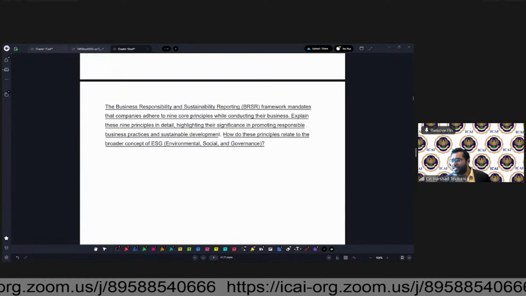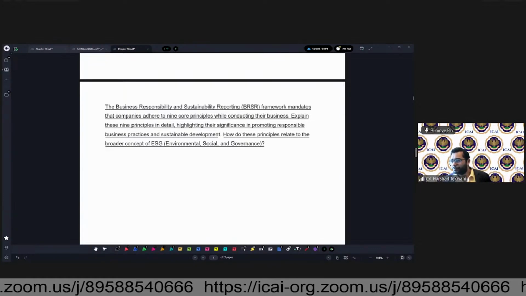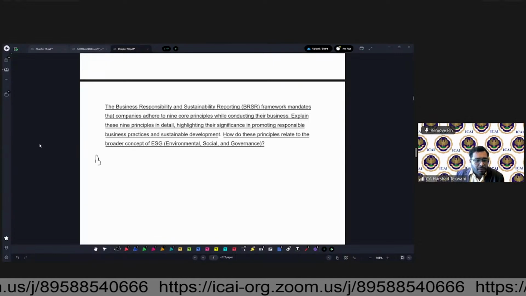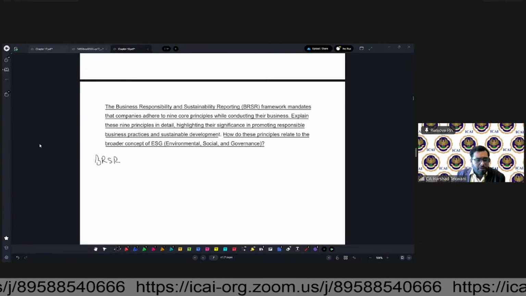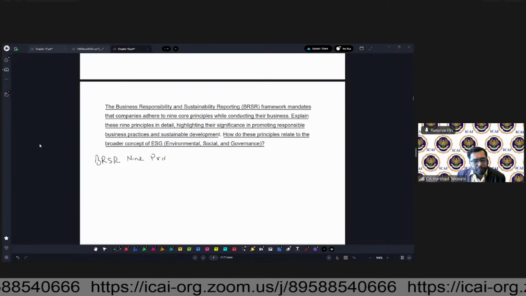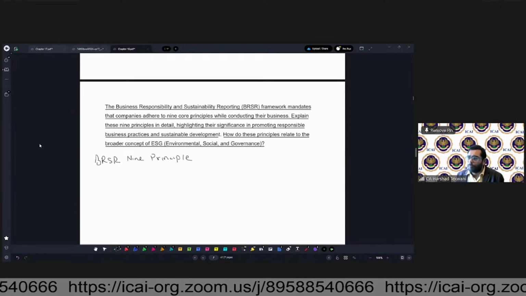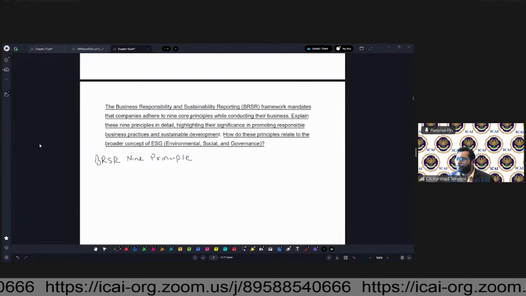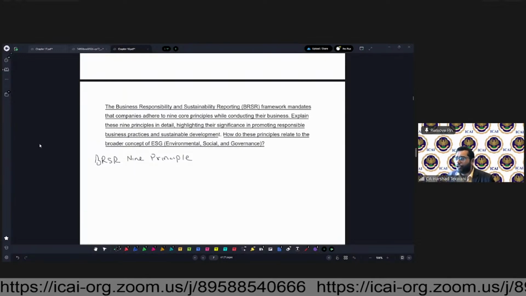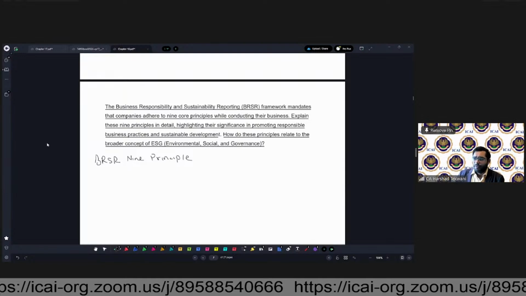Can anyone tell me which are these 9 principles? BRSR reporting's 9 principles. So these 9 principles are categorized into the ESG components of environment, social, and governance.